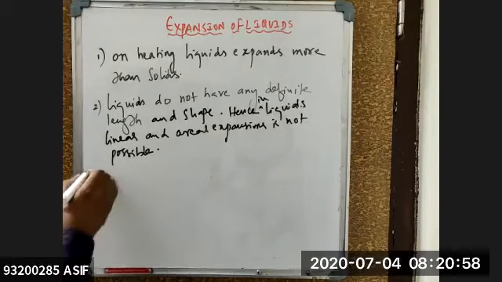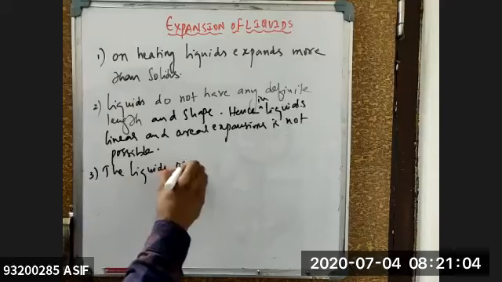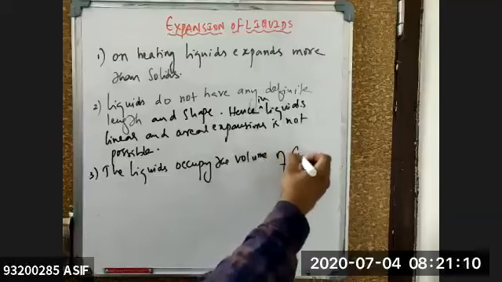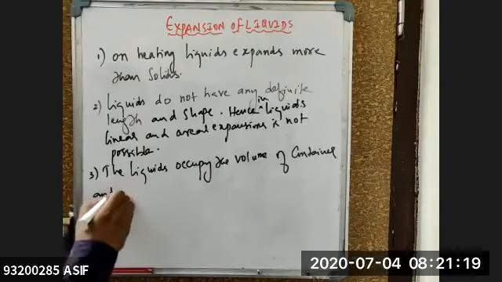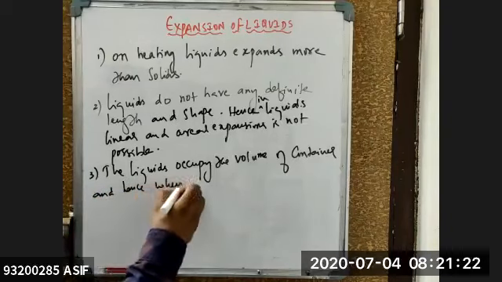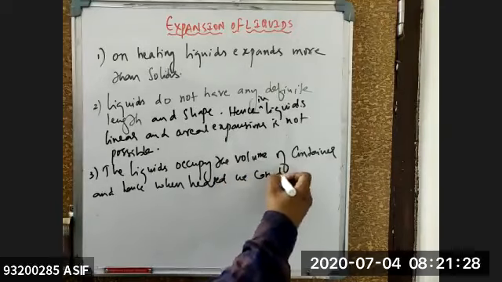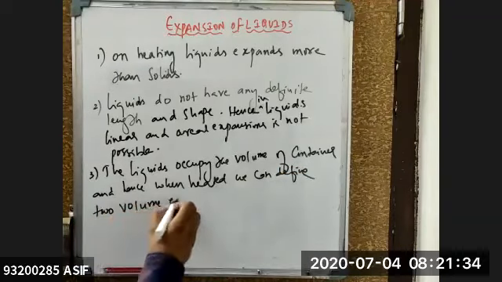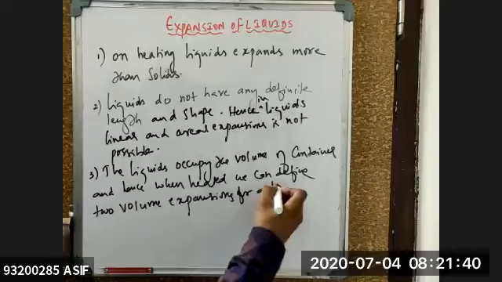Okay. Now I can write the next point. Third one. The liquids occupy the volume of the container, and hence when heated we can define two volume expansions for a liquid.